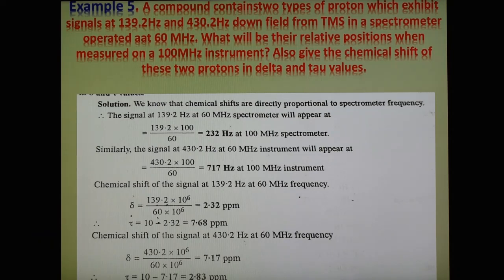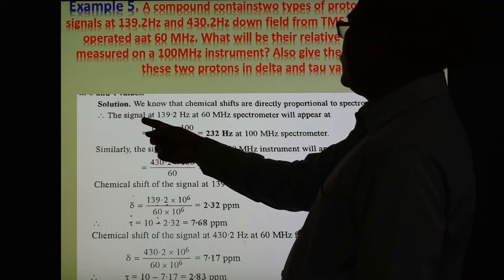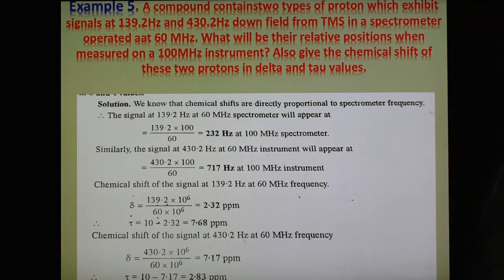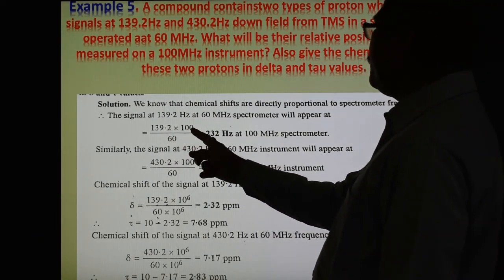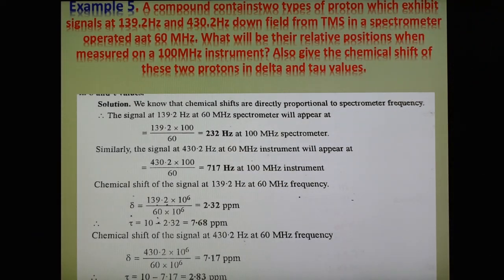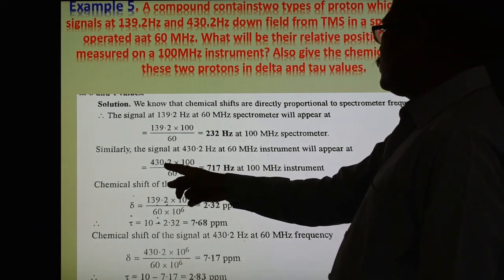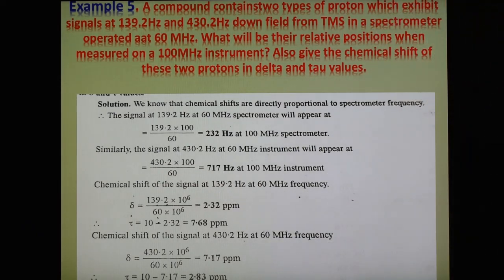This is the solution for this numerical. The signal is at 139.2 Hz at 60 MHz, so we calculate 139.2 into 100 upon 60, which is 232 Hz at 100 MHz. Similarly, the signal at 430.2 Hz at 60 MHz, calculate 430.2 into 100 upon 60, which is 717 Hz at 100 MHz.